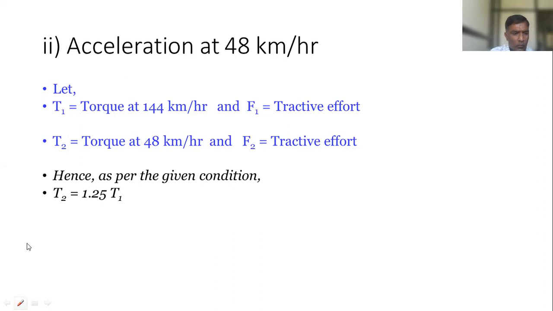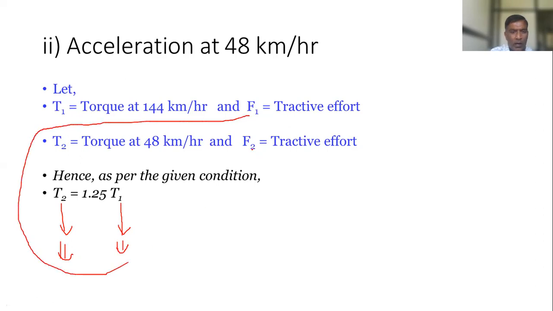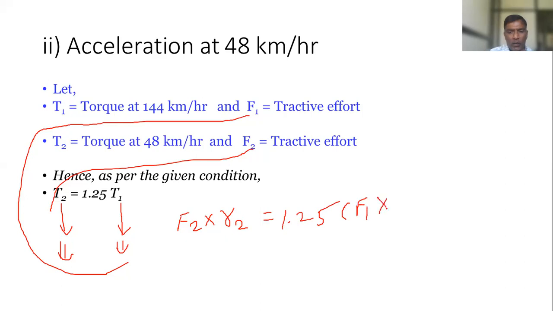So this is T2. This one is T1. So we can write in terms of F1, this and this. How to write? F2 into R2 is equal to 1.25 F1 into R1.